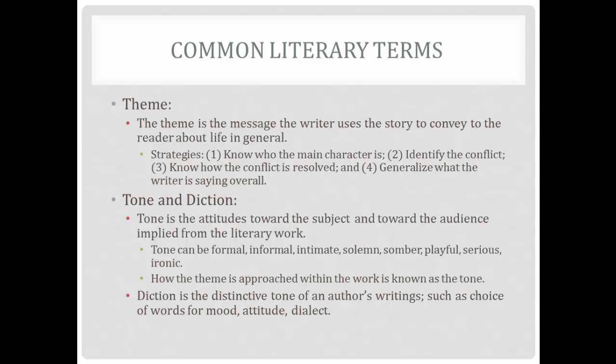How the theme is approached inside of that short story is really what we're able to see with the tone. Diction is very similar. Oftentimes when I tell students about common literary terms, I pull tone and diction together, because tone is the words the writer is using to express feelings and emotion inside of the writing, whereas diction are the actual words.